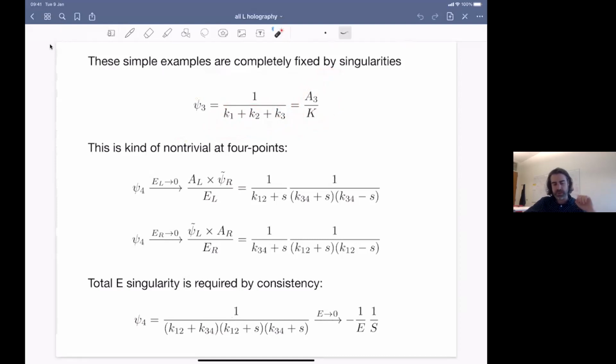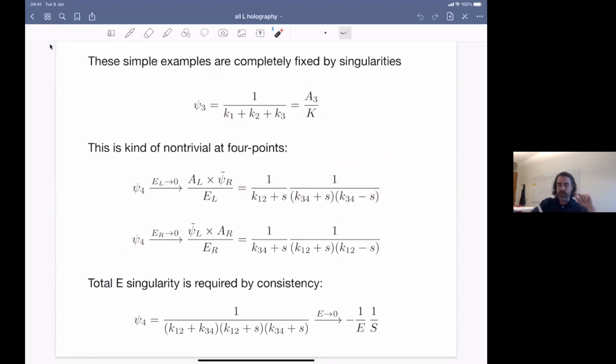That example is not that exciting, but it's slightly non-trivial for the 4-point wave function coefficient. On the left partial energy singularity, we know that things have to factorize like this. This is the left partial energy, the thing I was calling E left on the previous slide. This is just 1 over S, the Mandelstam S written in terms of these energy variables.